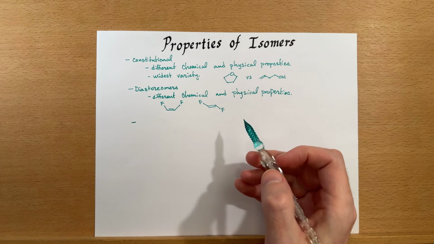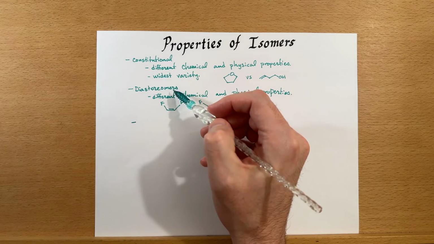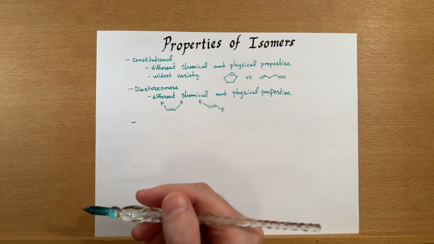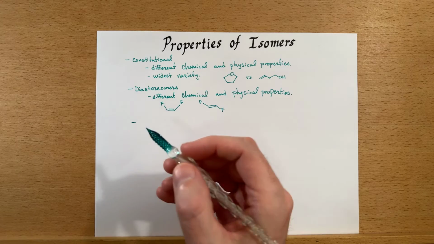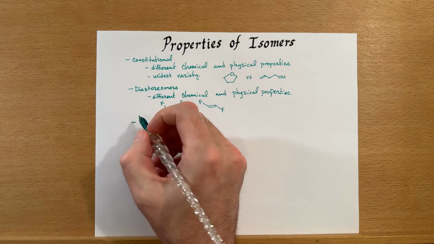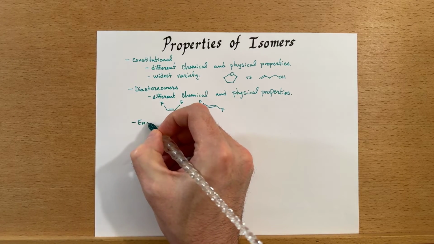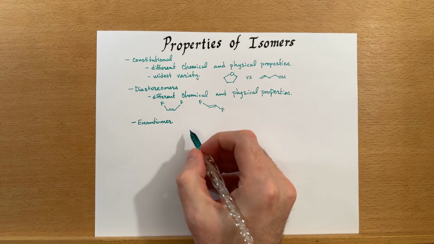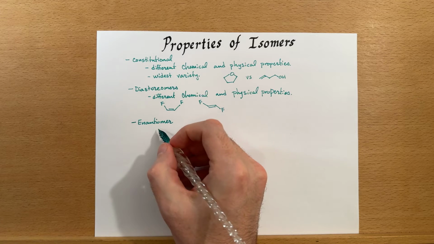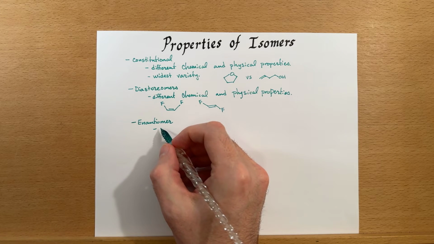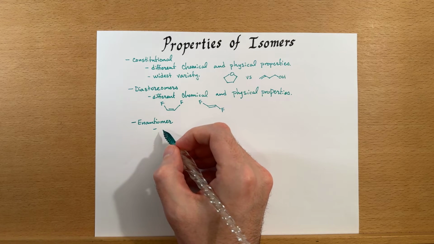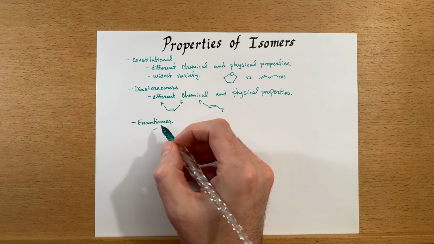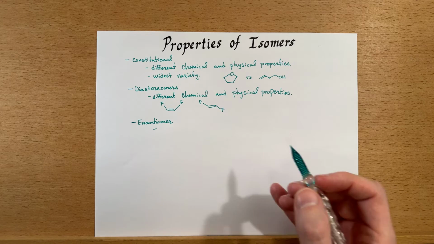But that said, both constitutional and diastereomer isomers are much easier to separate than an enantiomer. The reason why is these have identical chemical and physical properties when they're in an achiral environment.